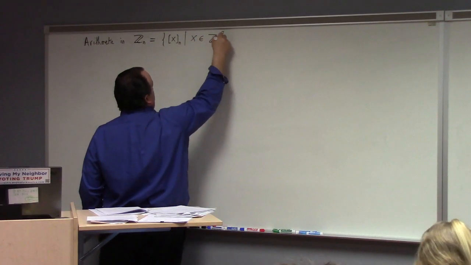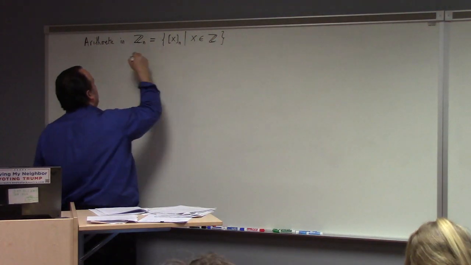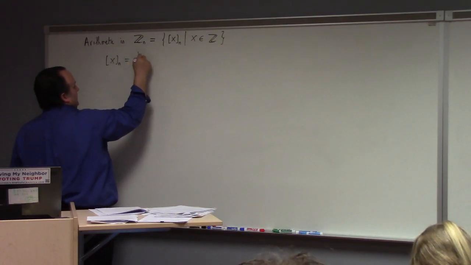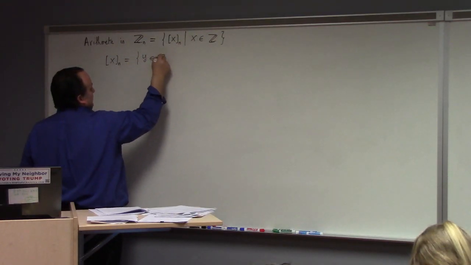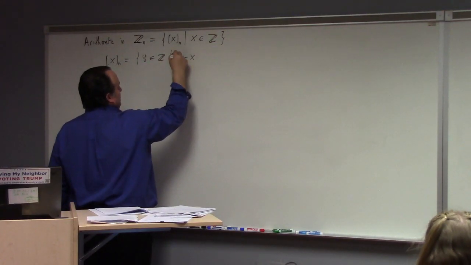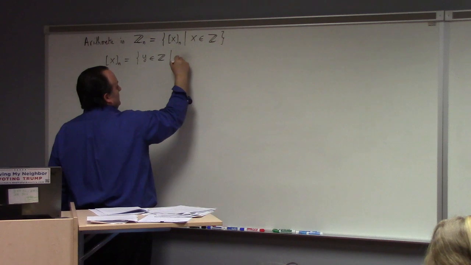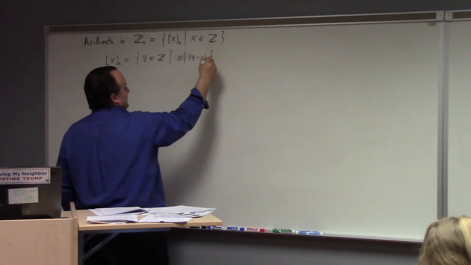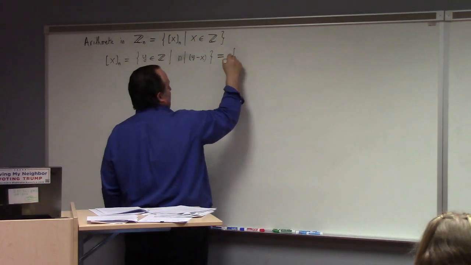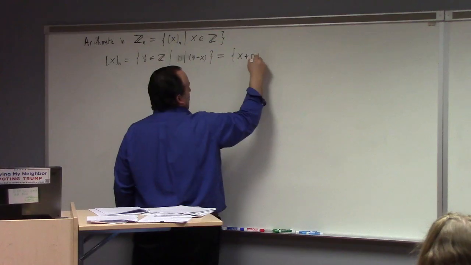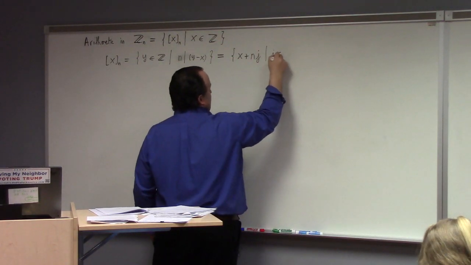And what that meant is here, the class of x mod n is the set of y in the integers such that n divides y minus x, right? And as we discussed, that's equivalent to saying basically things of the form x plus n times j, such that j is in the integers.